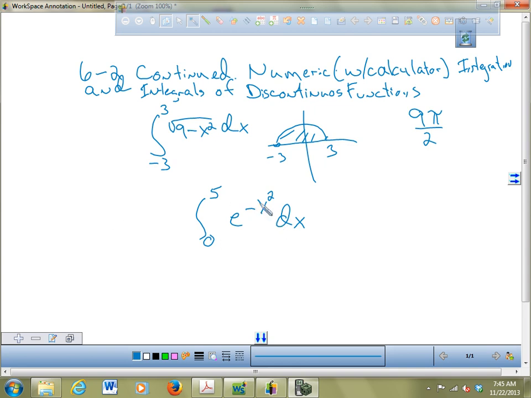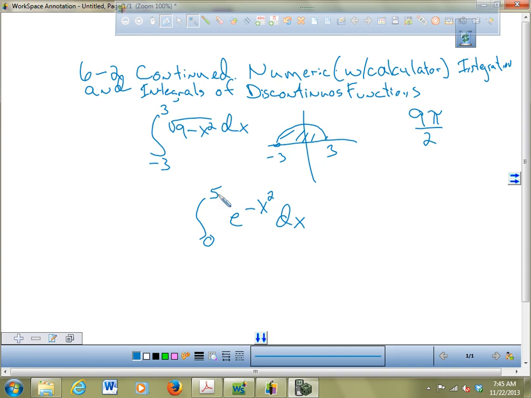Some of you know that you could do anti-differentiation and use the fundamental theorem, but this one is really hard to do anti-differentiation on. I think you have to do integration by parts, which you won't learn until later on. So it's not as straightforward to find what you took the derivative of to get that integral.